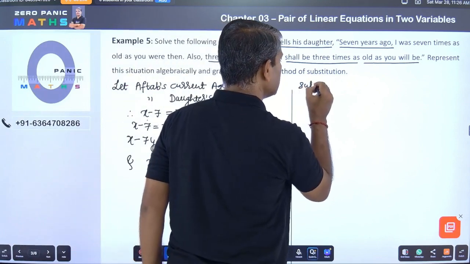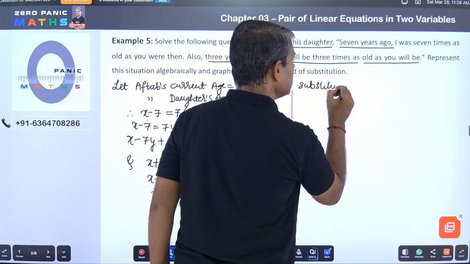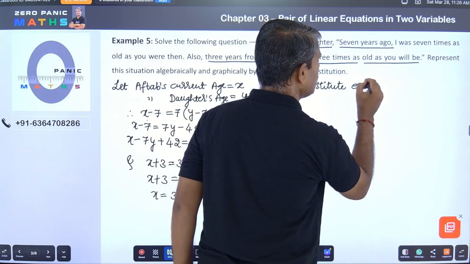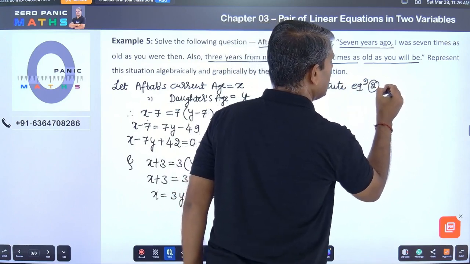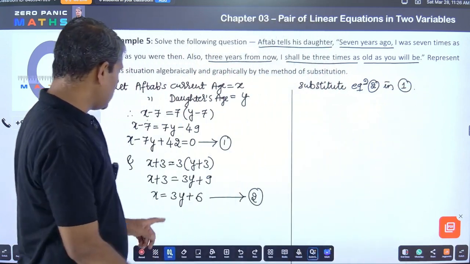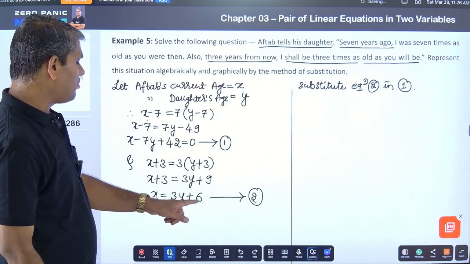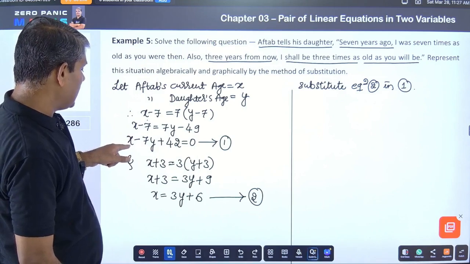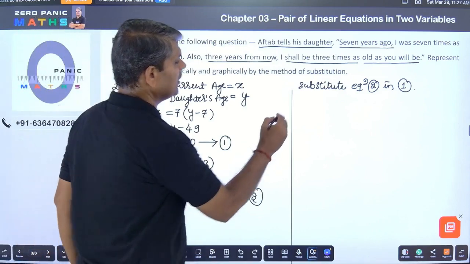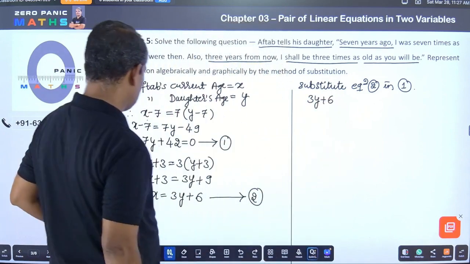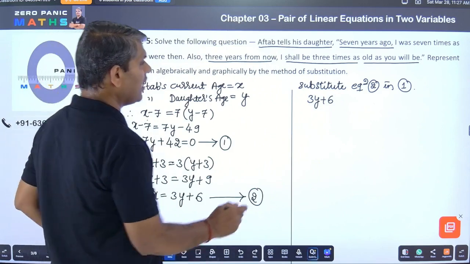Substitute equation 2 in 1. Okay, what is equation 2? x is equal to 3y plus 6. Let us put that in place of x. So 3y plus 6 minus 7y.